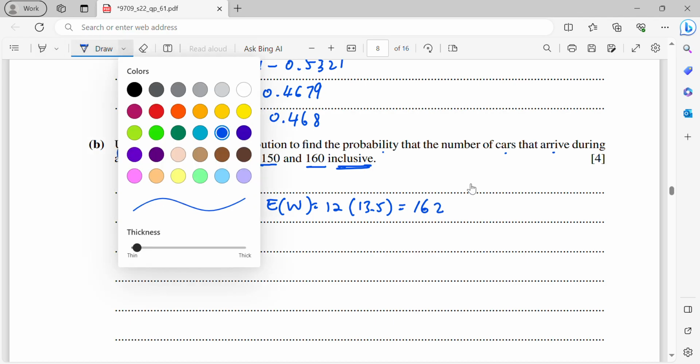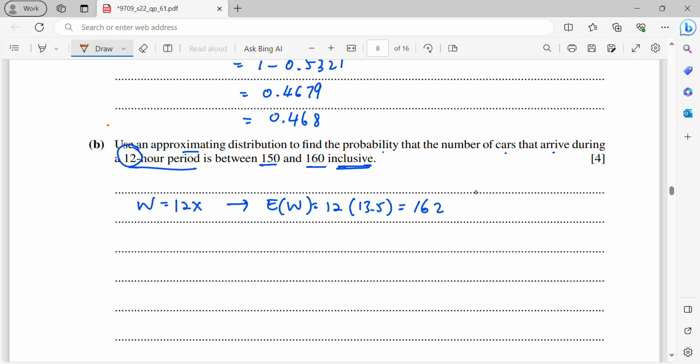Okay, so for your information, this value is greater than 15. Therefore, we are using normal approximation.